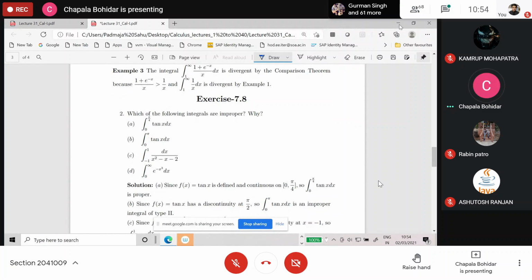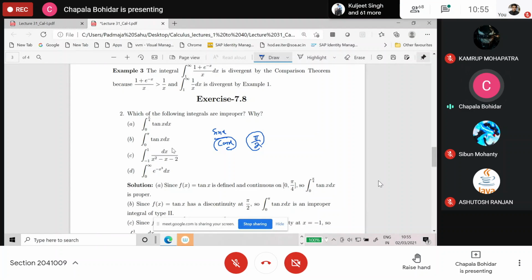Now, here it is only tan x, from 0 to pi. It is sin x by cos x. Improper, ma'am. Cos x becomes 0 at pi by 2. It is discontinuous at pi by 2, which is in between that.